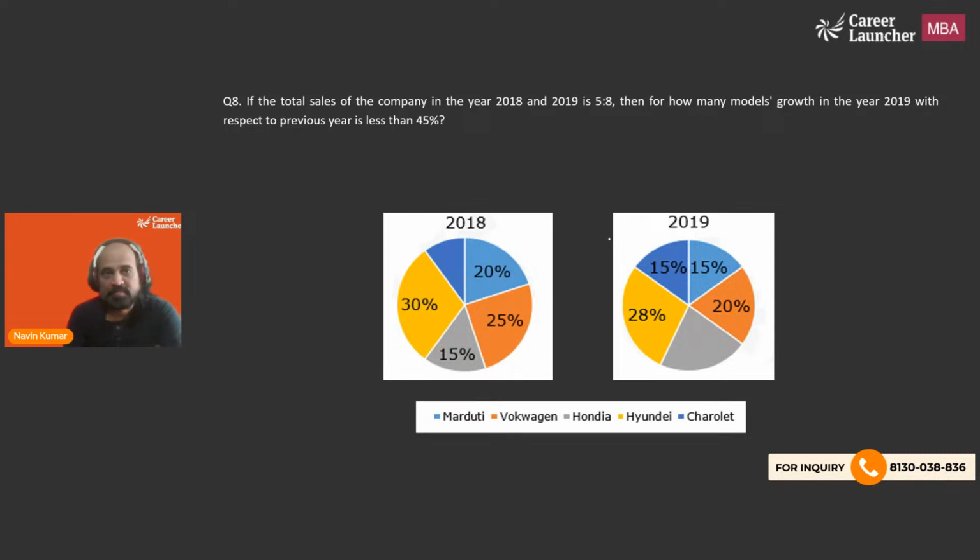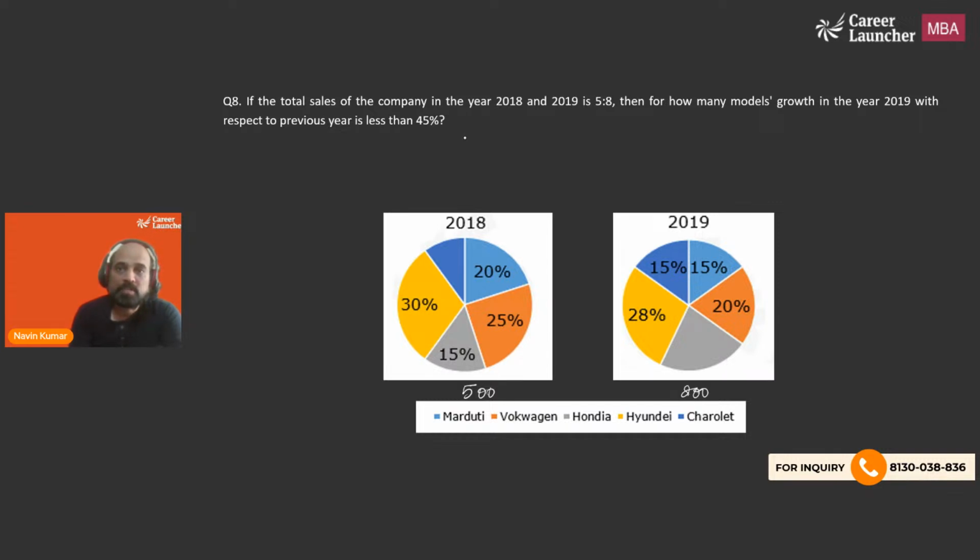Okay, next one. If the total sales of the company in the year 2018 and 2019 is 5:8. So basically we are saying if total cars sold were 500 and 800 here. Then for how many models growth in the year 2019 with respect to the previous year is less than 45%.